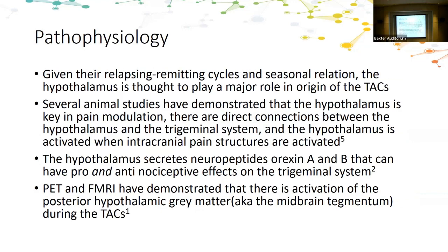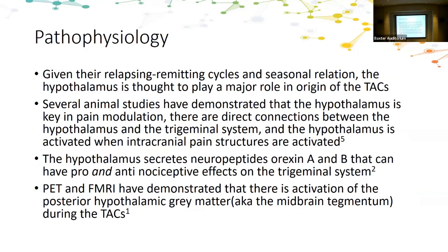So pathophysiology, sometimes people's favorite topic, sometimes not. But basically what we know about it thus far is, given the relapsing and remitting cycles and sometimes the seasonal relation, the hypothalamus is thought to play a major role in the origination of any TAC.